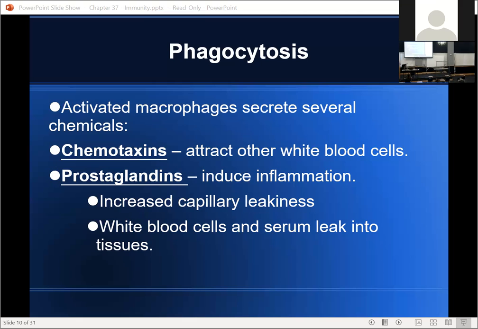This is going to help white blood cells like neutrophils to get out of the blood vessels and to the site of the infection. White blood cells and serum leak into the tissues. Of course, this causes swelling, but this also enhances the immune response by allowing the circulating neutrophils to get out of the blood vessels and to the site of the infection.